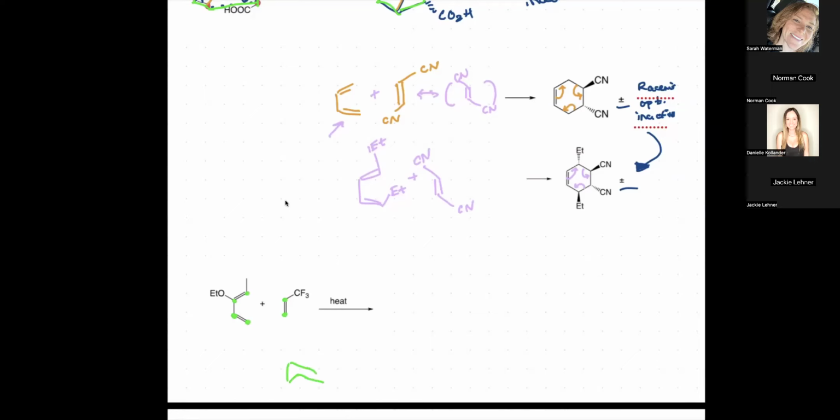Remember your chairs, right? 1, 3, right? You don't want, let's just say here and here, and this CF3. I hated the chairs, so good luck.